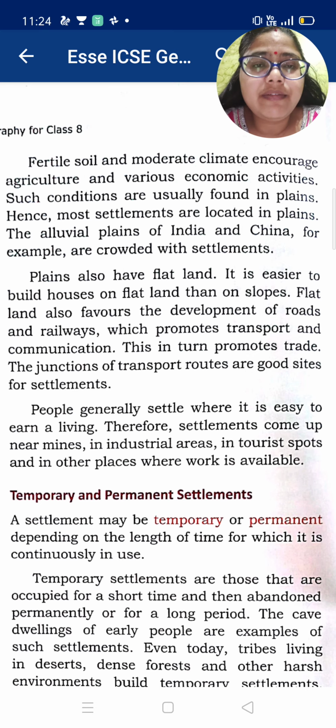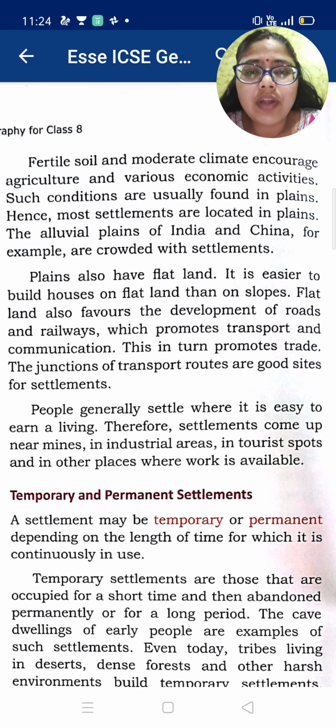Plains also have flatlands. It is easier to build houses on flat land than on a sloping area. Okay, so if we have a number of houses built on slopes, on hilly areas, we cannot grow a big settlement over there, but yes, we can make one or two or three houses at a time.